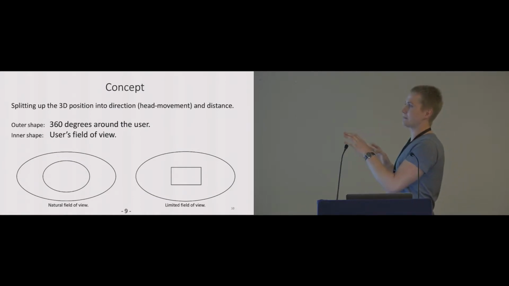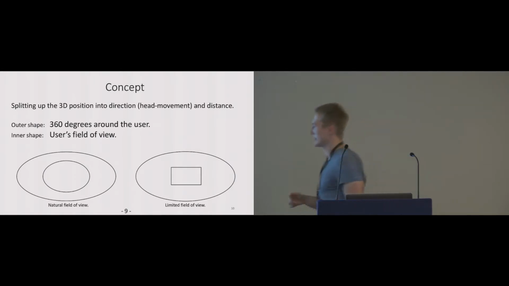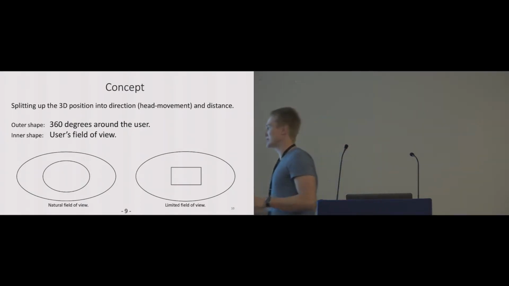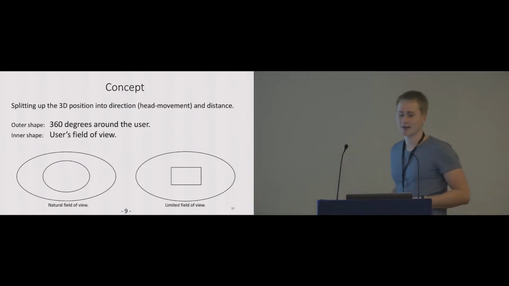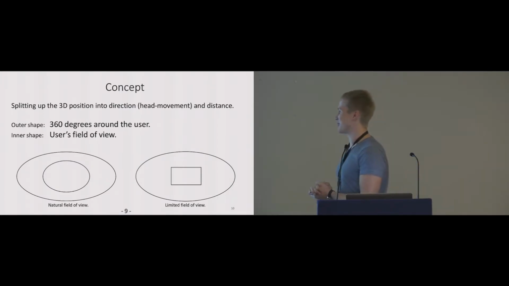EyeSee has this 360 degrees around the user, as I mentioned already, and it's represented by this ellipse, where we can say this is 180 degrees right behind the user, while this is 180 degrees left behind the user, which brings us to one minor limitation here. Objects start to jump between these versions, which maybe in a newer version we will fix, but I don't know how.